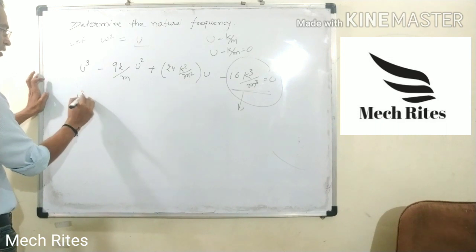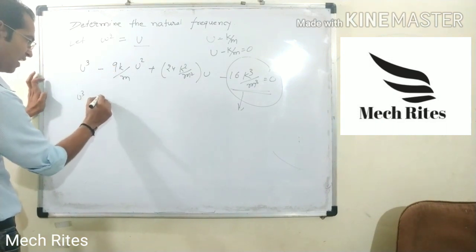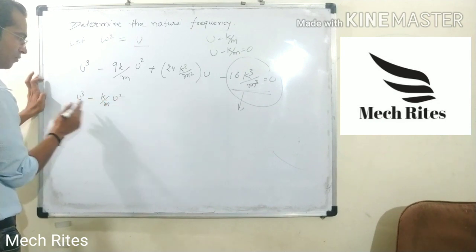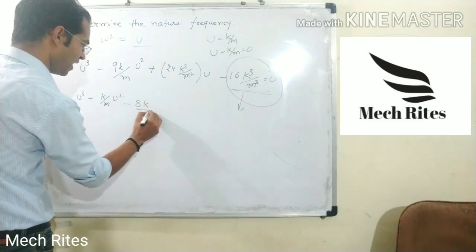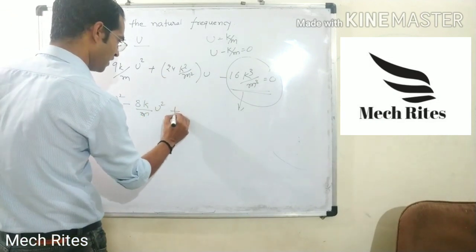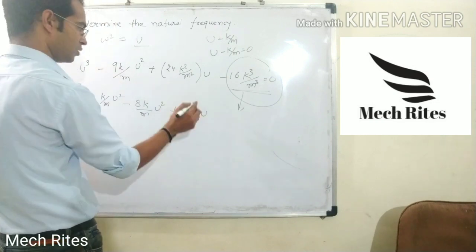So u cube minus, here I will write k by m u square, minus the rest part, 8k by m u square. So I will write here again plus 8k by m u.